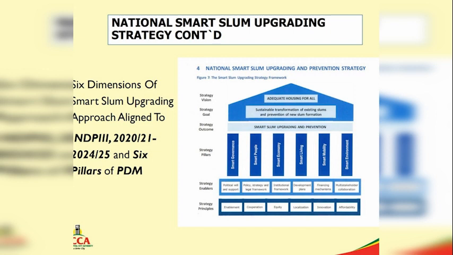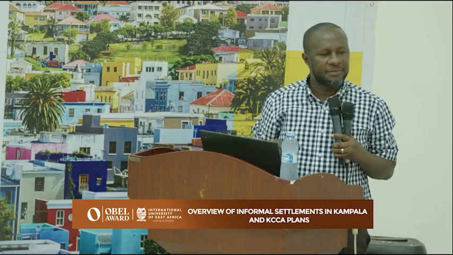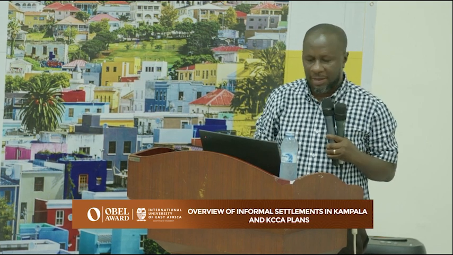That strategy has a vision, a goal, an outcome, pillars, enablers, and principles. The goal of the strategy is to provide adequate housing for all, and the strategic goal is sustainable transformation of existing slums and prevention of new slums from forming. That is the strategic goal.